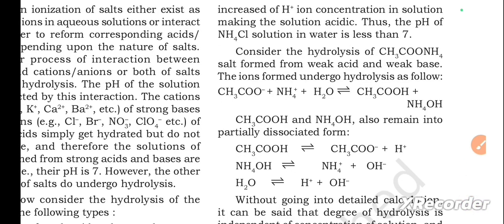Consider the hydrolysis of CH3COONH4 salt formed from weak acid and weak base. The ions formed undergo hydrolysis as follows. CH3COO- plus NH4+ plus H2O gives rise to CH3COOH plus NH4OH.